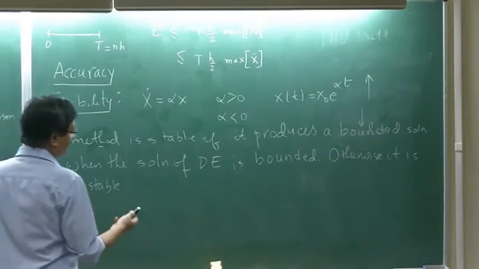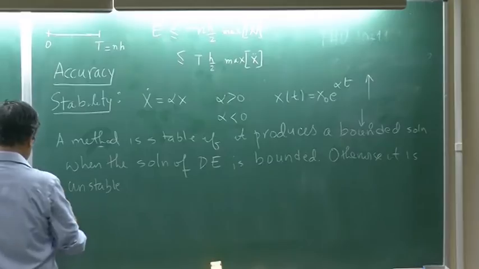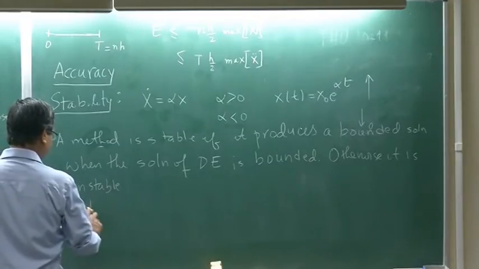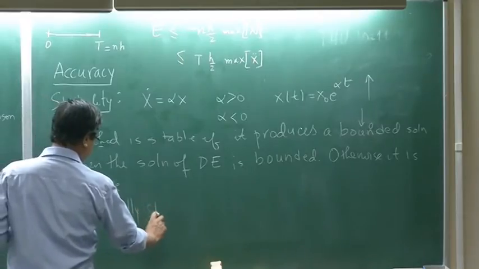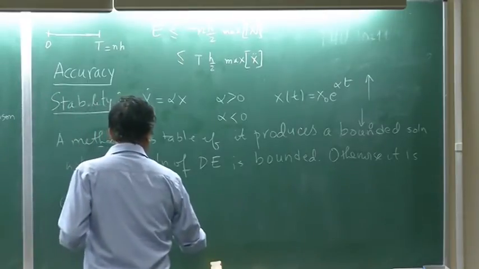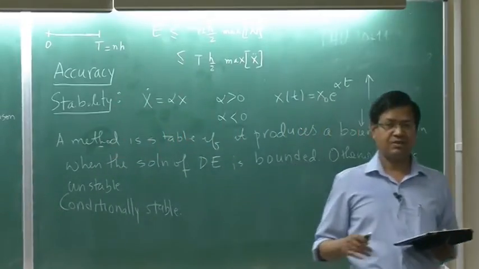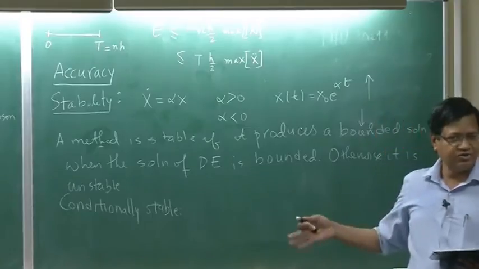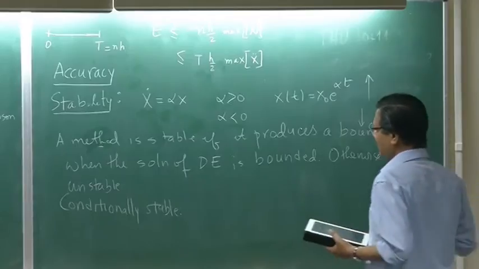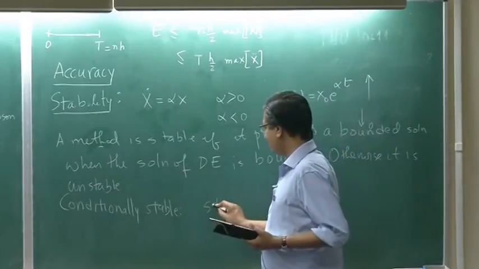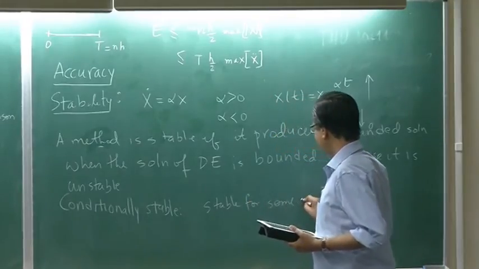Now there are some corollaries to this, some definitions which you should also remember. Conditionally stable. When is a scheme conditionally stable? When the solution is stable for some parameters and unstable for others. I'll show you some examples, using the same equation. It's stable for some and unstable for others.